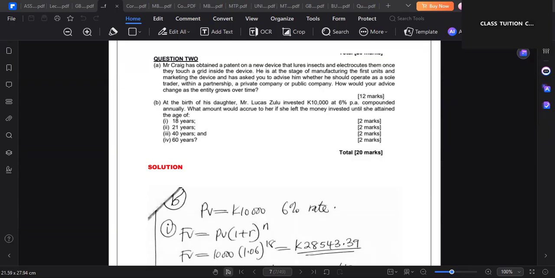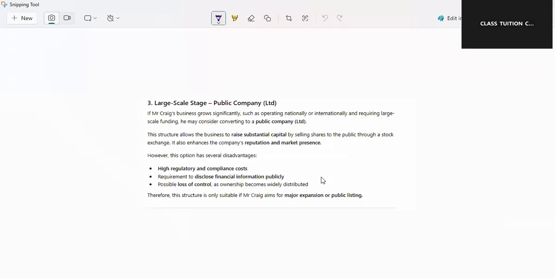Disclosure of accounts. There's huge capital requirement. There are a lot of possible losses of control. Therefore, you may suggest this to Mr. Craig as a major advantage when he is considering expansion.